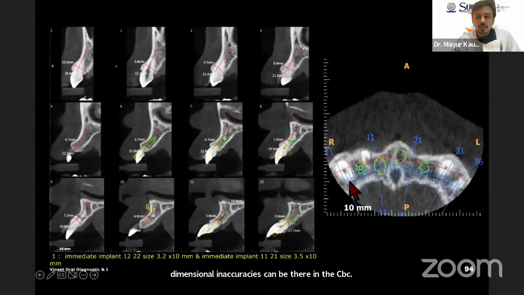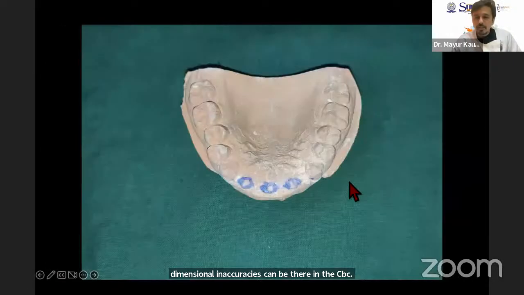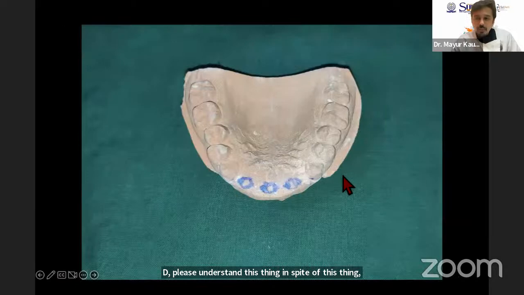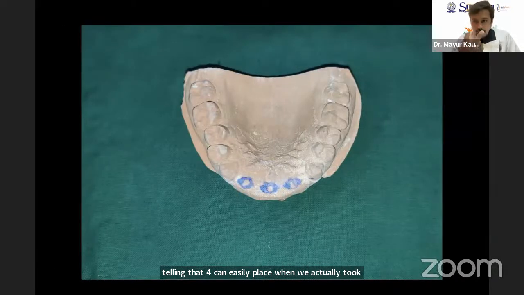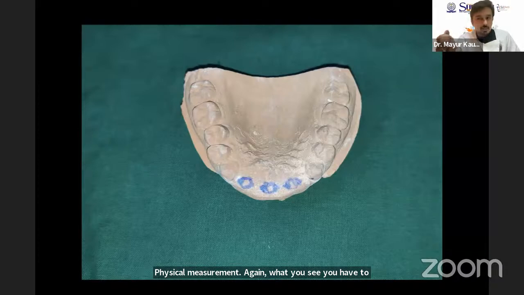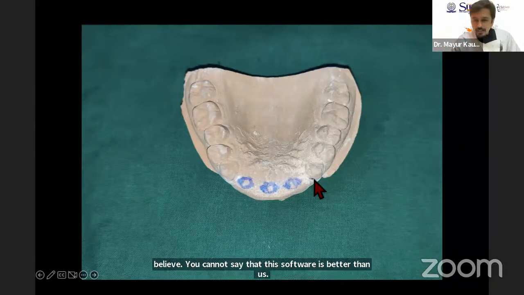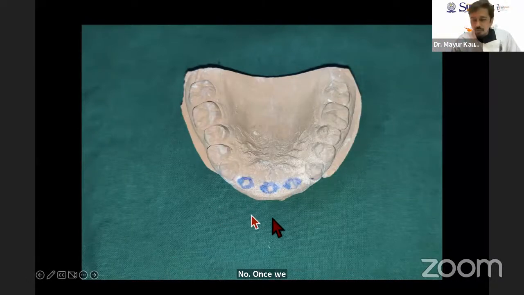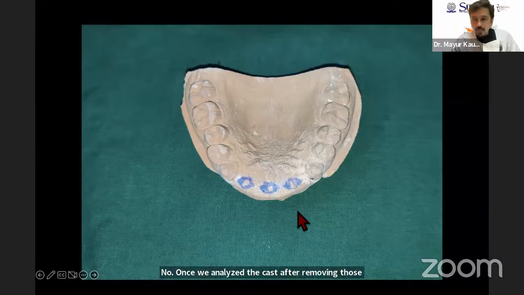In spite of it telling that 4 can easily be placed, when we took the cast and physical measurement, what you see, you have to believe. You cannot say that this software is better than us. Once we analyzed the cast after removing those teeth, no matter how much we tried, there was space for only 3 implants, although not in prosthetic position.